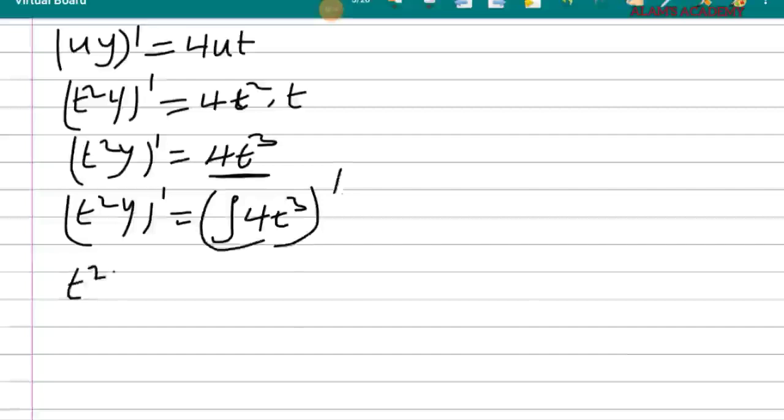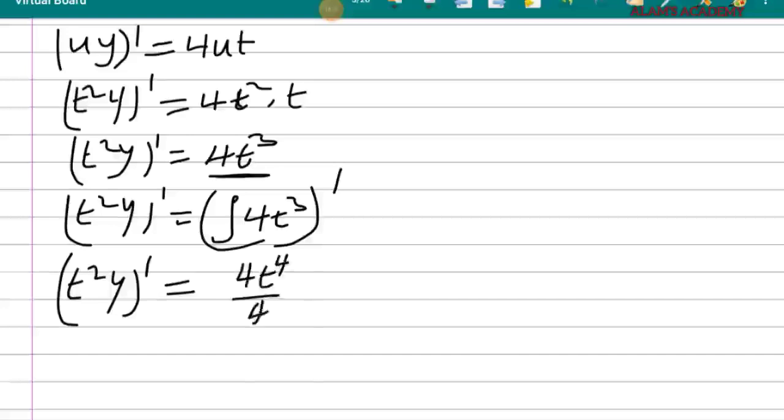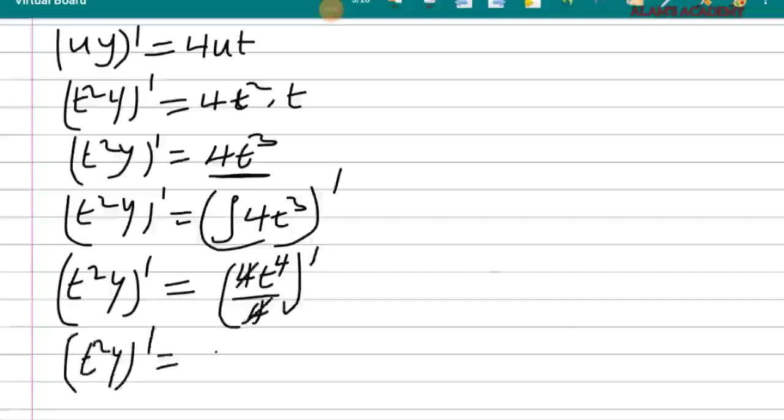So now I have t squared y' is equal to the integral of 4t cubed, which is 4t exponent 4 over 4, differentiated. This 4 cancels this, leaving (t squared y)' is equal to (t exponent 4)'.